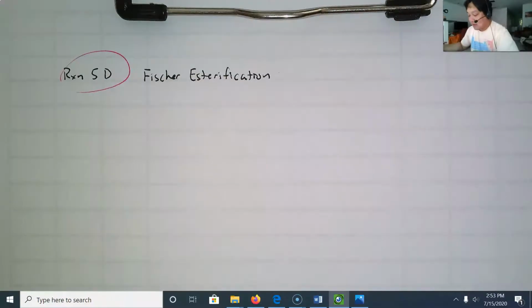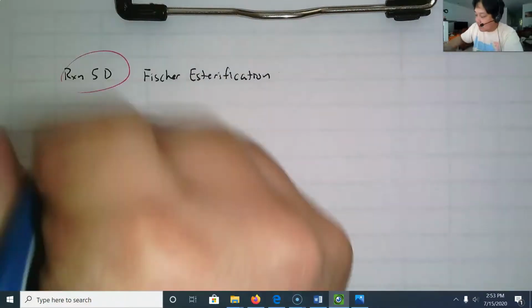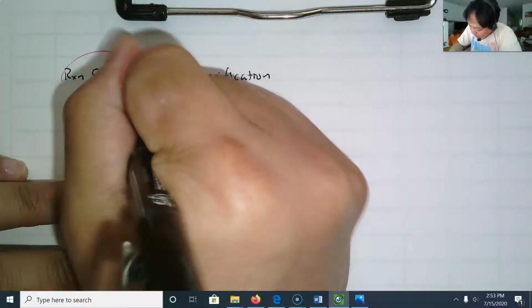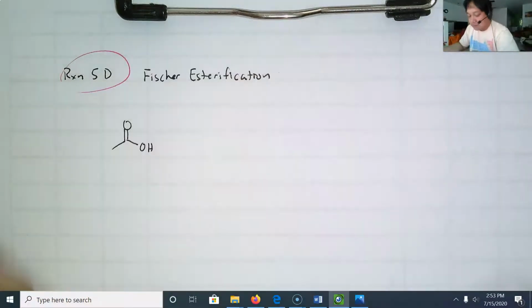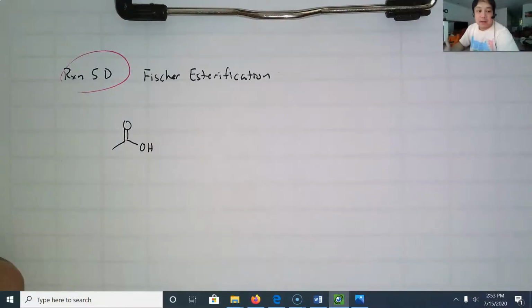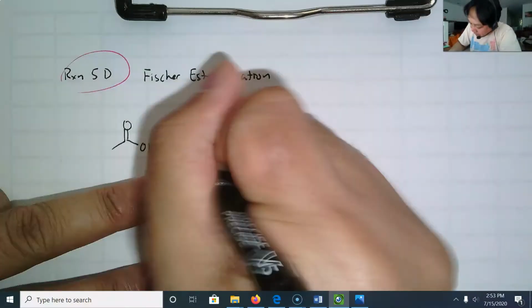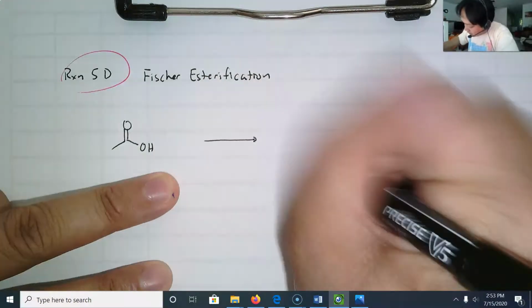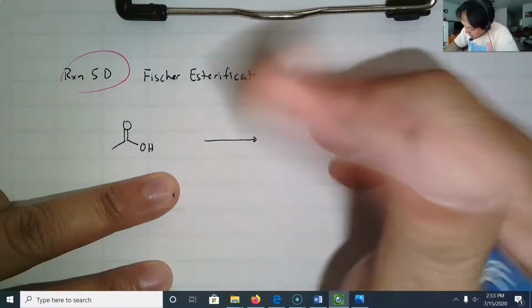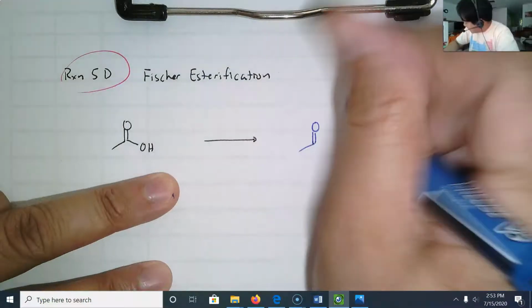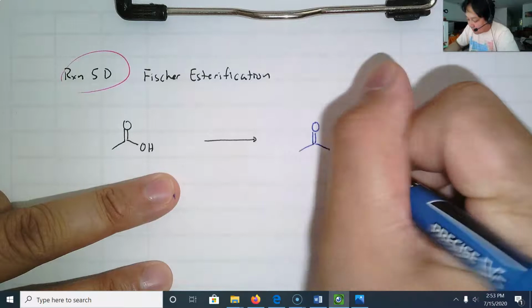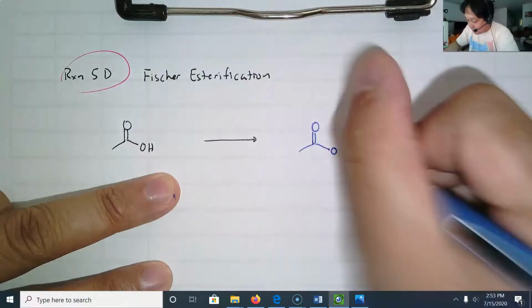Let's have a very simple carboxylic acid. And I'll show you the ester that we're going to try to make. What's an ester? An ester is a molecule with a double bond oxygen and an alkoxy group.